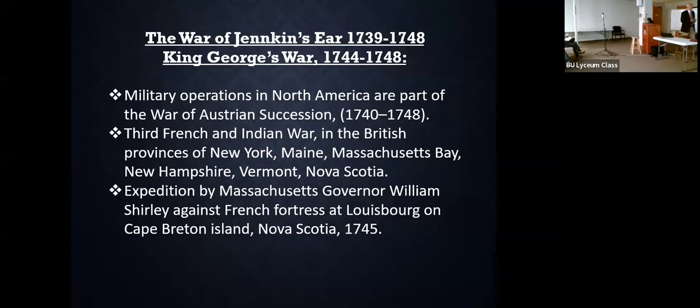So things begin to escalate, and finally, war breaks out. And in the war breaking out, again, one of those complex, crazy European conflicts with different groups in and out at different times, there ends up to be a fair amount of fighting called King George's War over a 4-year period of time in North America, because George II was the monarch at the time.